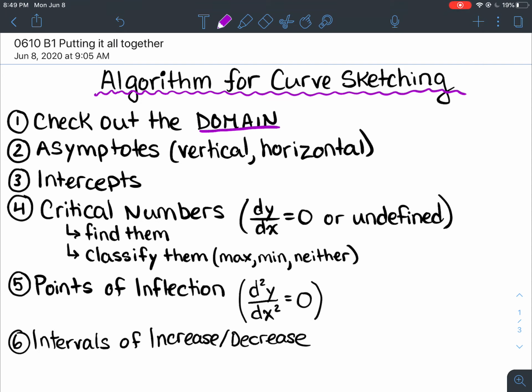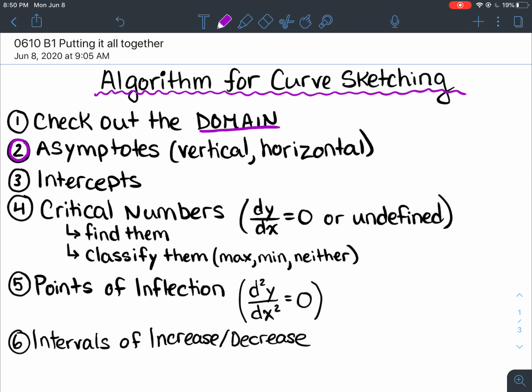If you have a rational function, you have a denominator, and you don't want a denominator to ever equal 0, so it's going to produce an asymptote. I did a whole video on stuff from advanced functions, which included asymptotes. Then intercepts: it's a good idea to find your x and y intercepts if it's easy enough, because then you'll have a more accurate graph.